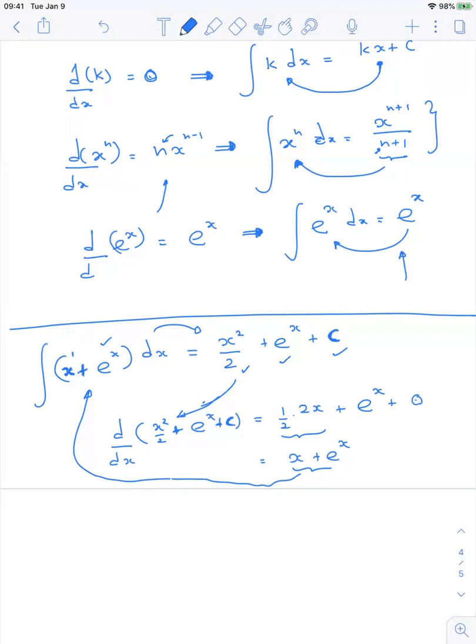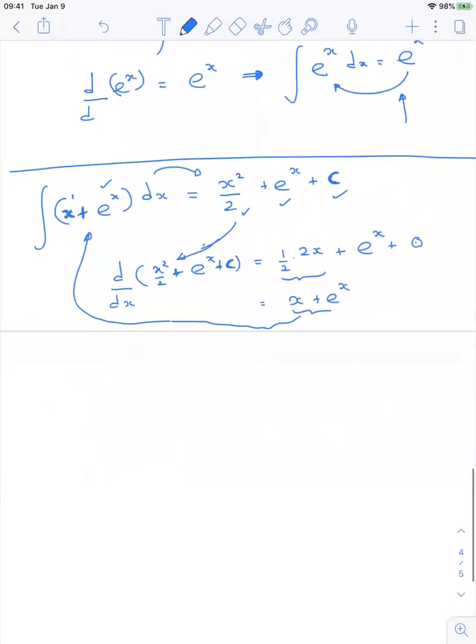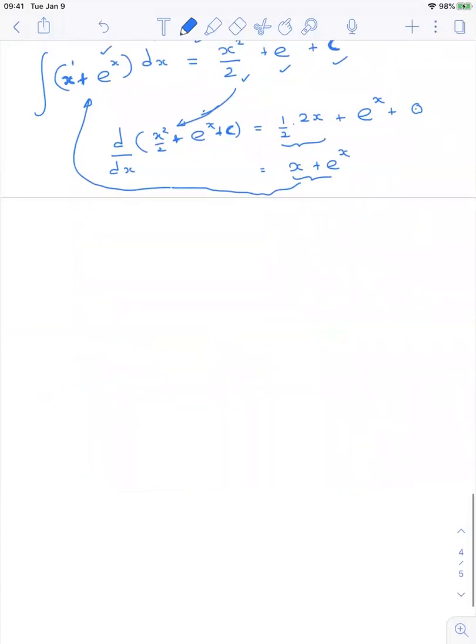Now a good example of how difficult it sometimes is to do these integrations, let's look at. So I will give you this as a question. So here is a function x times cosine of x times dx, right?